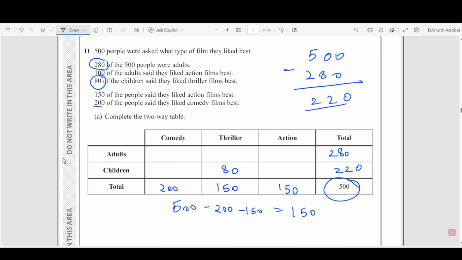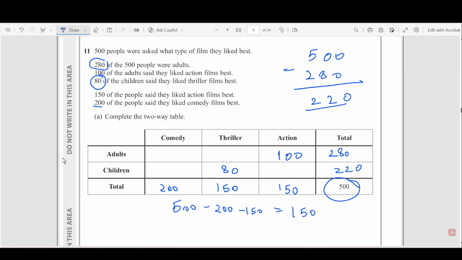Now to find adults who like thriller, we have a total of 280 adults, and it says 100 of the adults said they liked action films. So we can put 100 here, action and 100. Out of 280, 100 liked action. If I subtract it, still I can't get it.